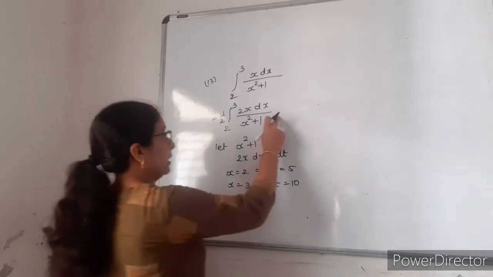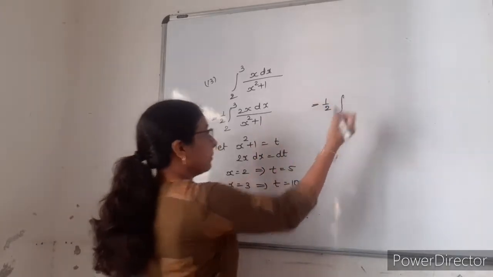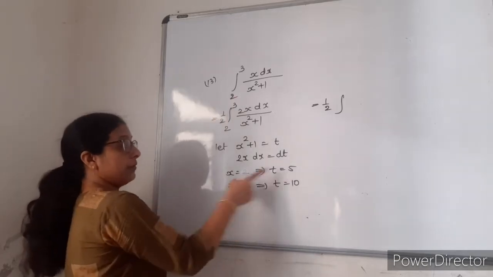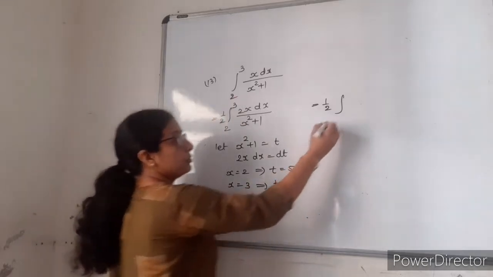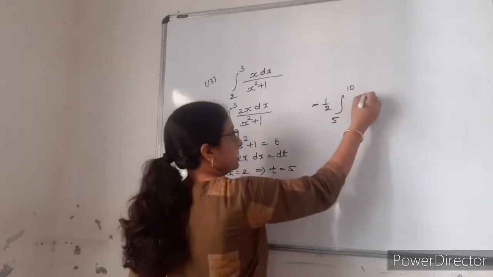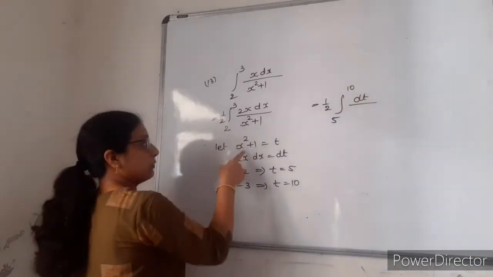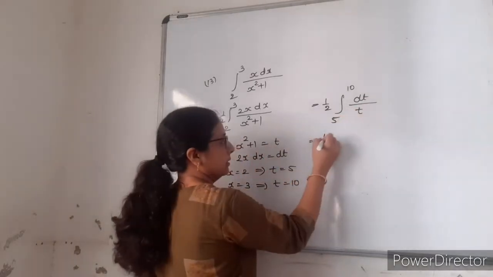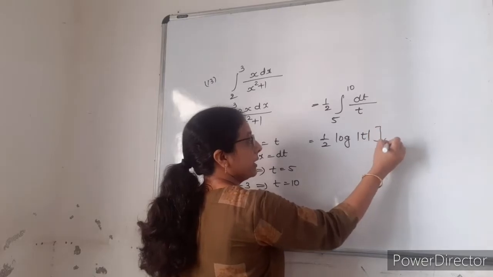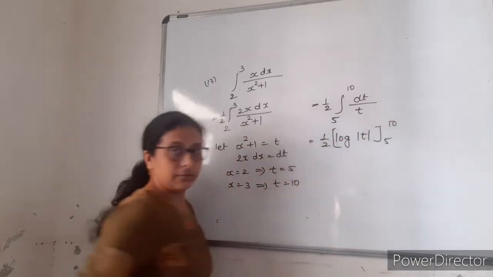So now here, instead of 2 to 3, I will write 5 to 10. 2x dx is dt and x square plus 1 is t. So 1 by 2, the integration is log mod t, from 5 to 10.